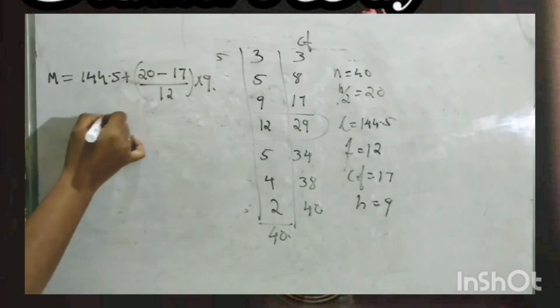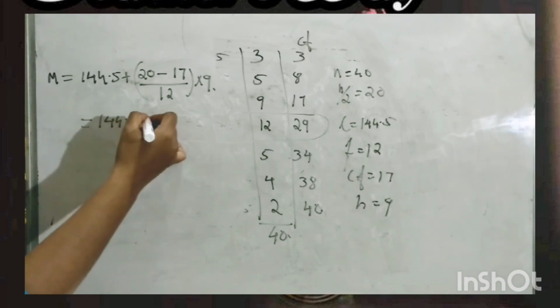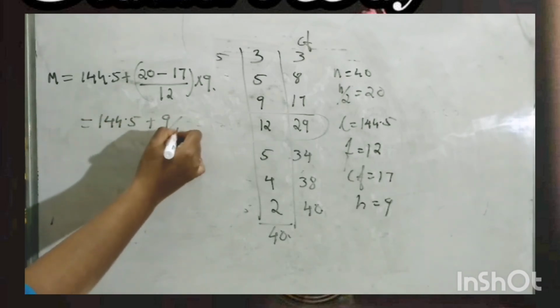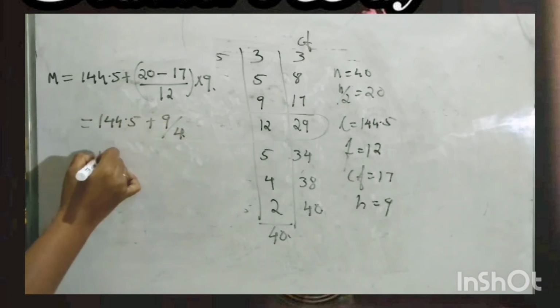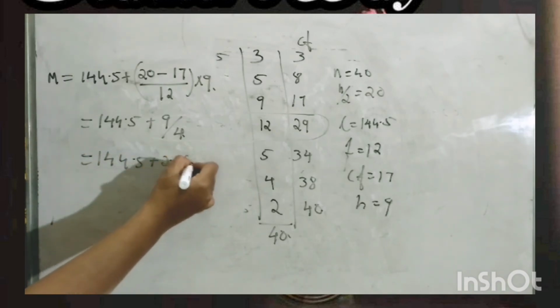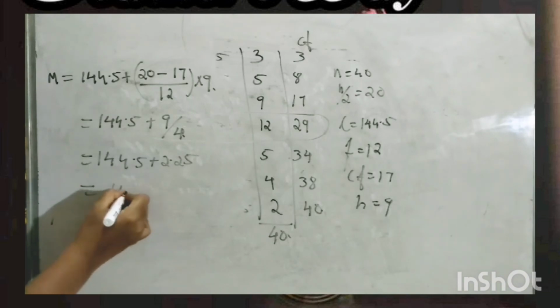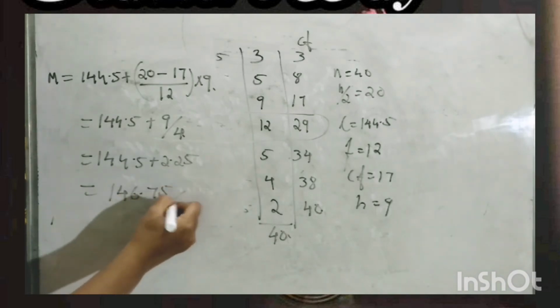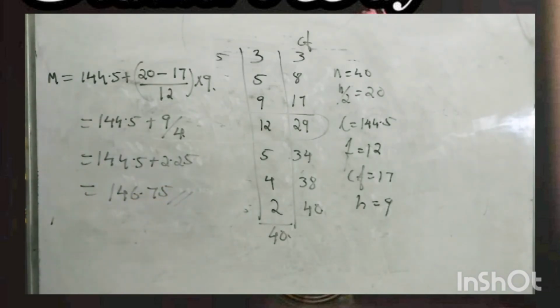This is equal to 144.5 plus 9 by 4, equal to 144.5 plus 2.25, which is equal to 146.75. Hence, the median length of the leaves is 146.75.